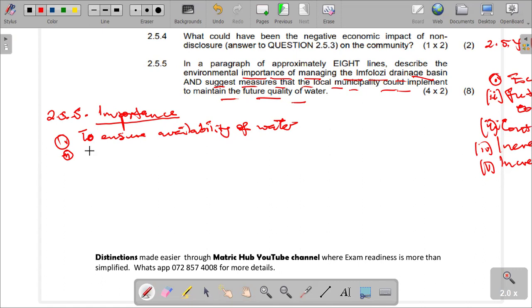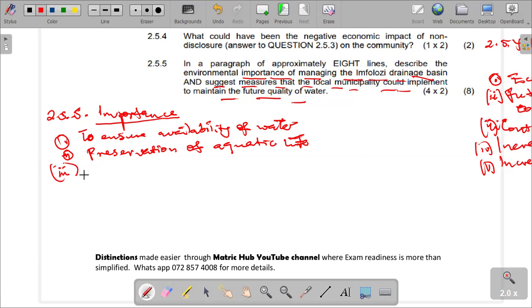We also need to preserve aquatic life. We are talking about the life of organisms that are living in the waters. They also need to survive, so by doing drainage basin management, they are also being taken care of.